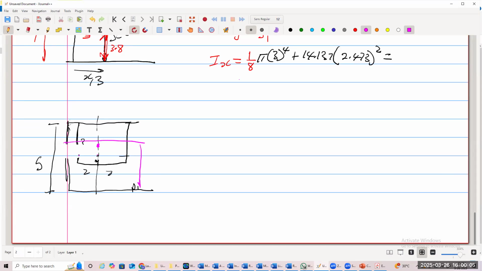So that is your 3.5. No, it's 3.8. So that means the center of it would have been where the center of this is, 3.5.